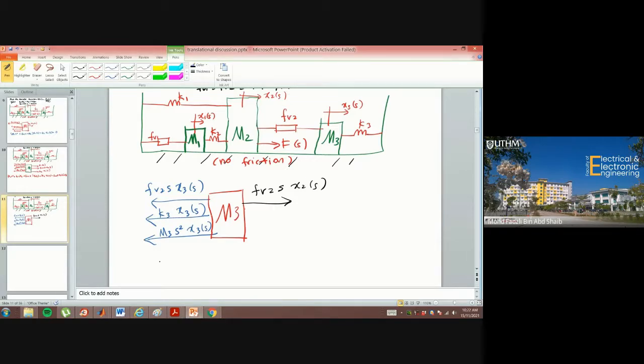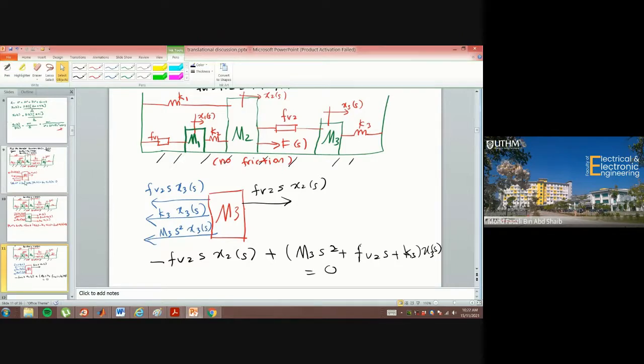So the equation is going to be, okay, minus FV2 s S2(s) plus M3 s square plus FV2 s plus K3 S3(s) equals 0.